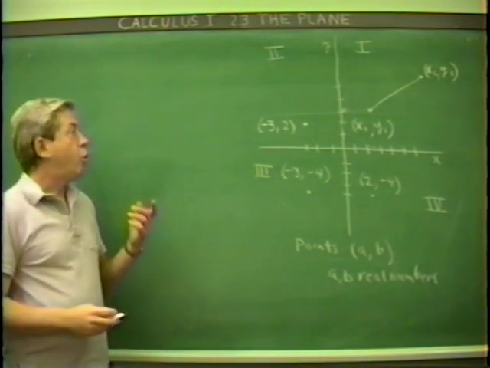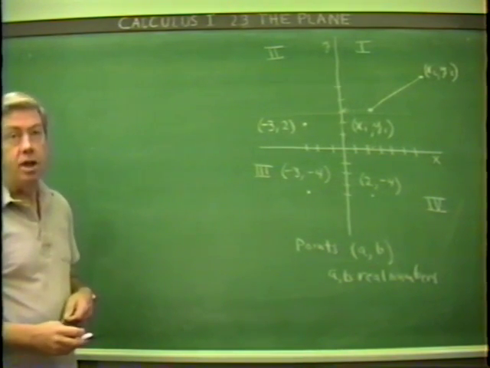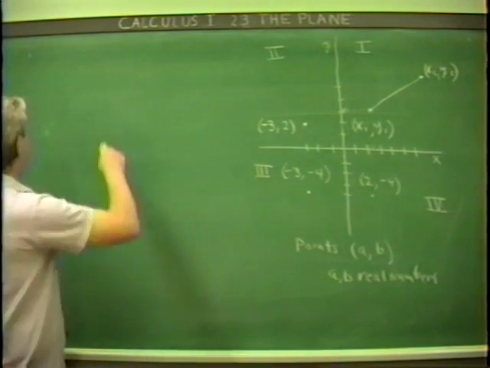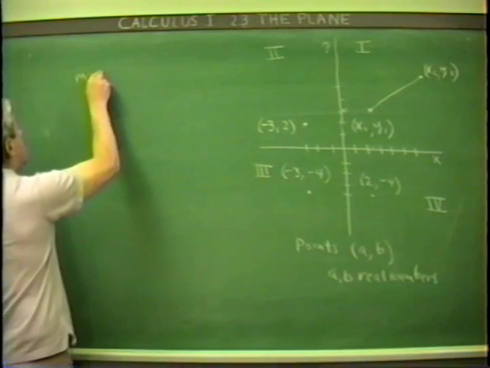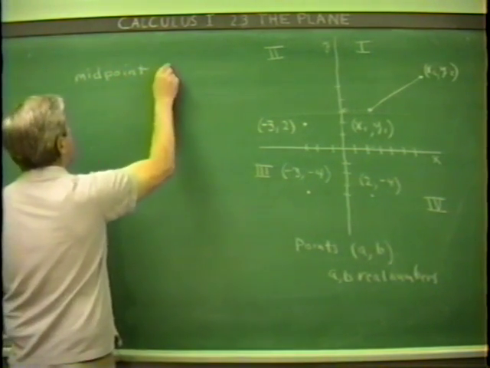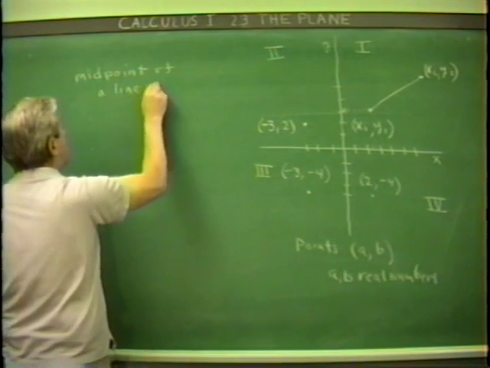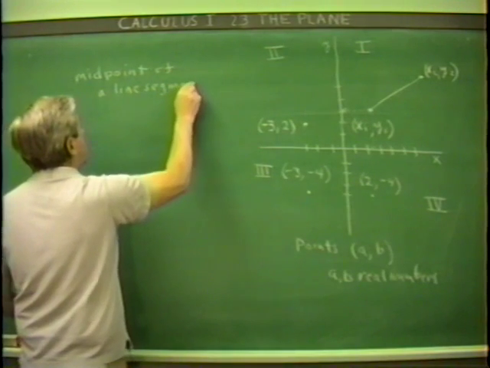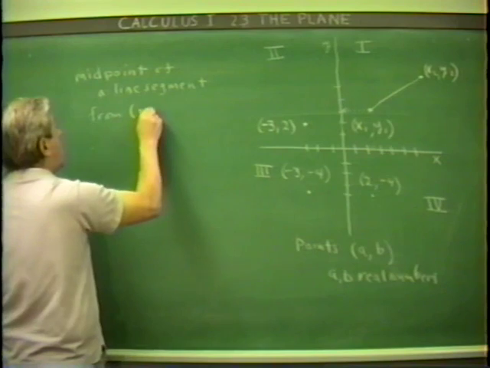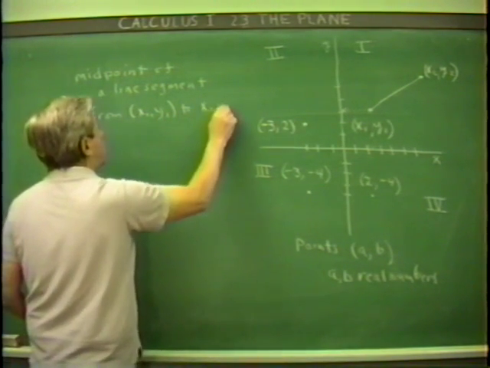One, we want to know where the midpoint of the line segment is, and secondly, what the length of the line segment is. The length of the line segment will define the distance between the 2 points. So first of all, the midpoint of a line segment from x1, y1 to x2, y2.